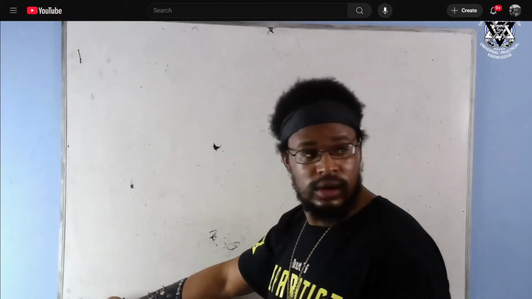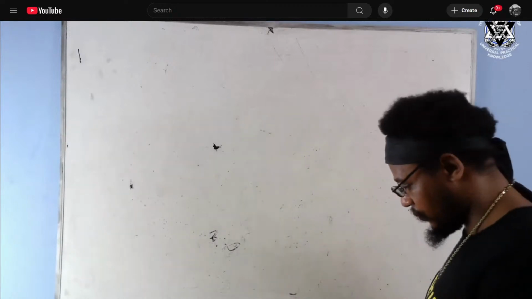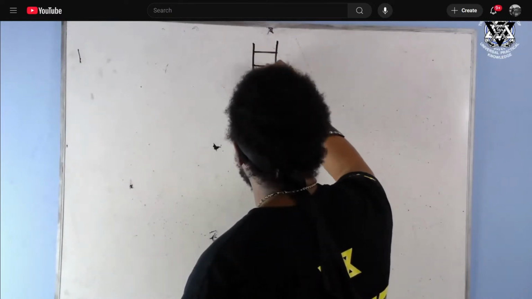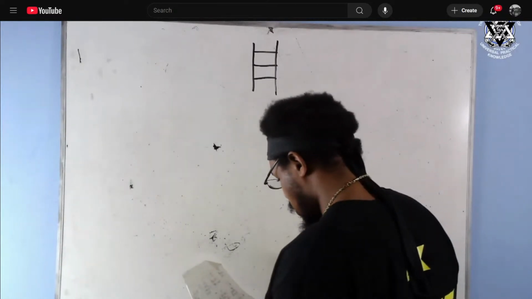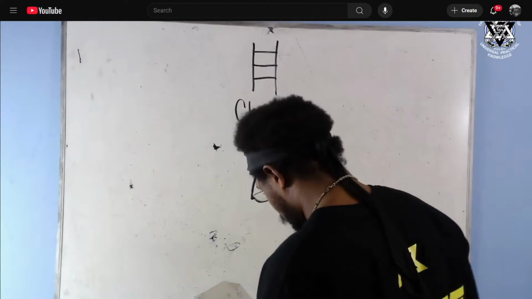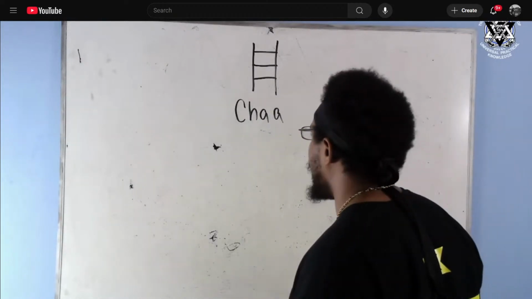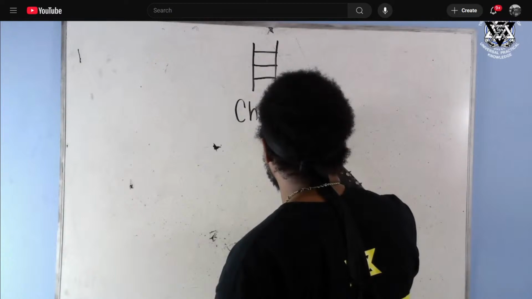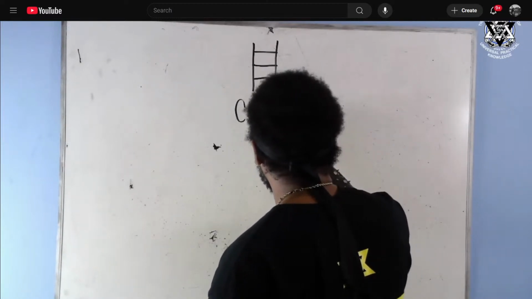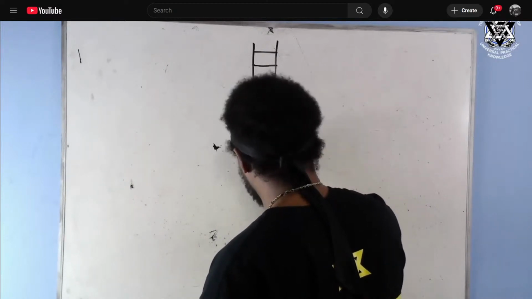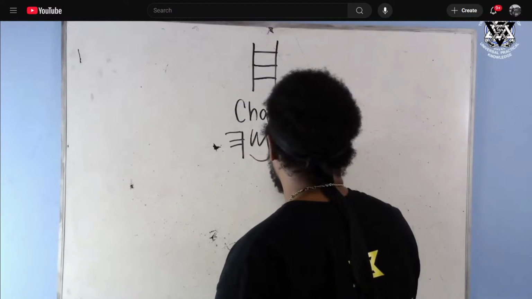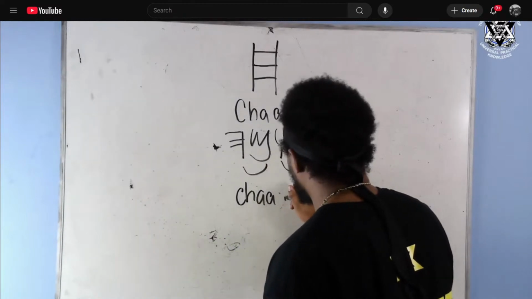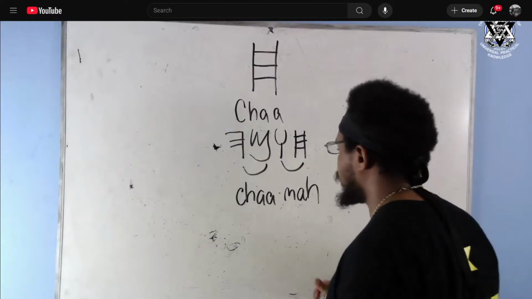Okay, moving on. We got Cha. We got Ka. Ka comes from the word Chama, meaning fence.